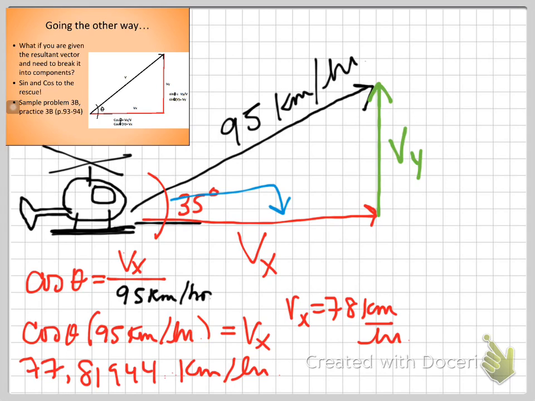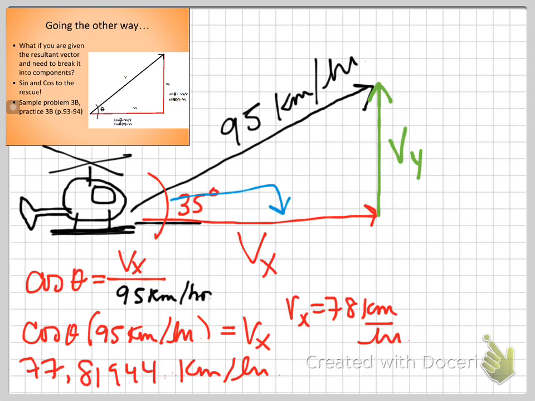It's on your x-axis. So the v sub x is just 78 kilometers per hour, positive direction. You know, had that 95 been a negative 95. Okay, so on this, because there is no direction, we would just say in a positive direction.